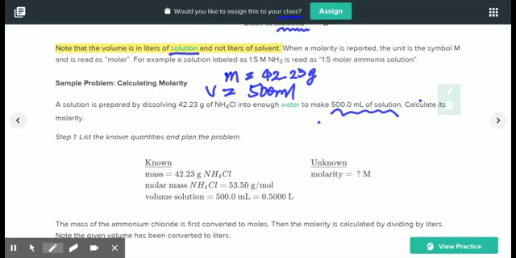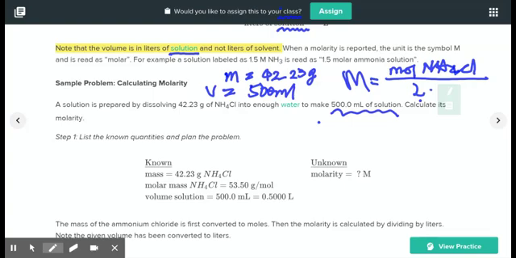Now let's take a look at the formula. We're looking for molarity. Big M equals mole of solute, mole of NH4Cl, ammonium chloride, over liter of solution. Do we have mole here? No, we don't.